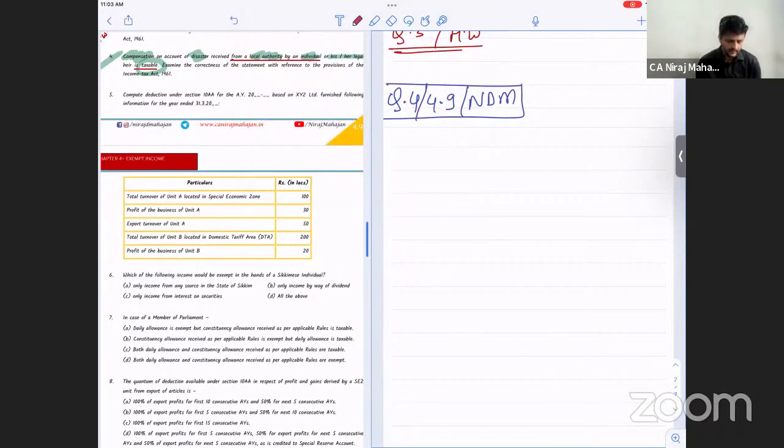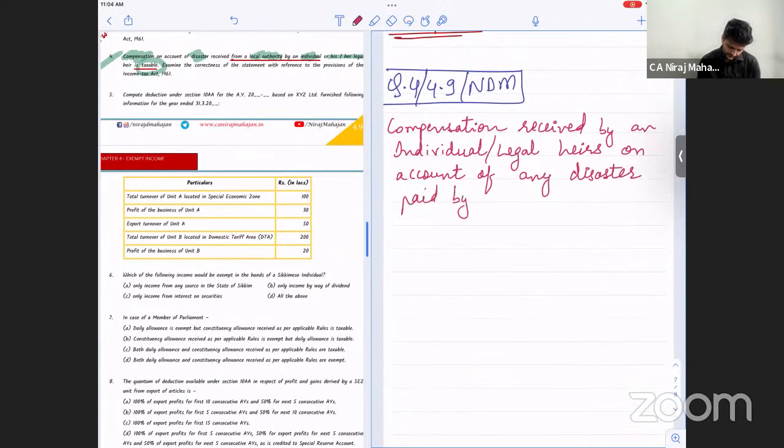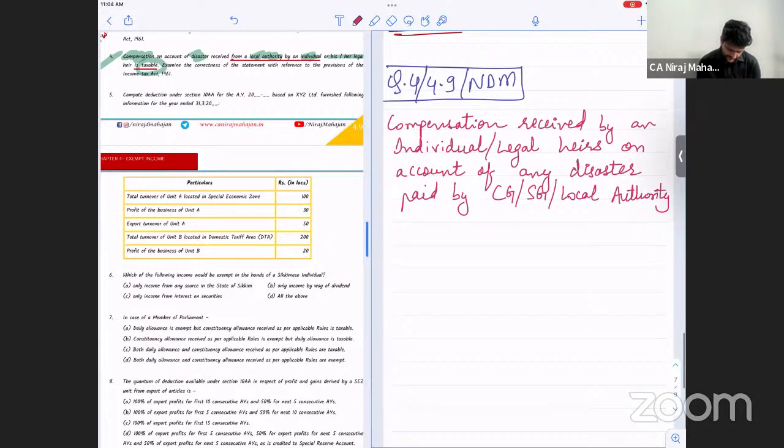Compensation received by an individual or legal heirs on account of any disaster, on account of meaning because of any disaster, paid by CG or SG or local authority is exempt.